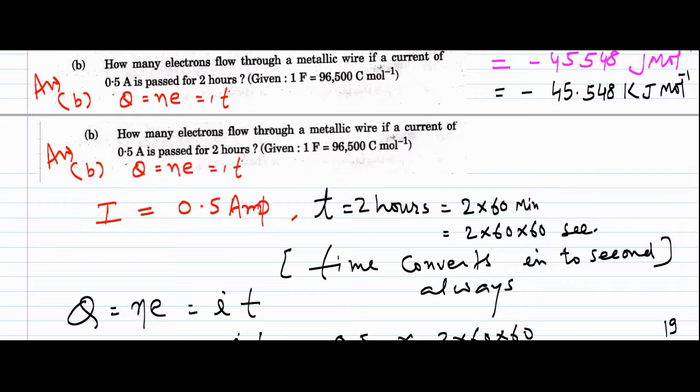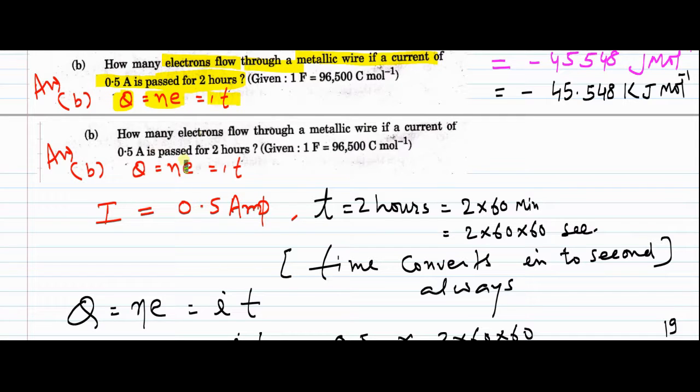How many electrons flow through a metallic wire if a current of 0.5 ampere is passed for 2 hours? इसमें अपने दो फार्मूले यूज करने हैं. Q is equal to ne, Q is equal to It.